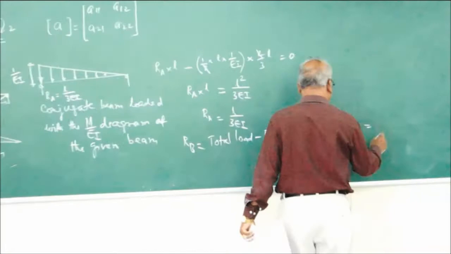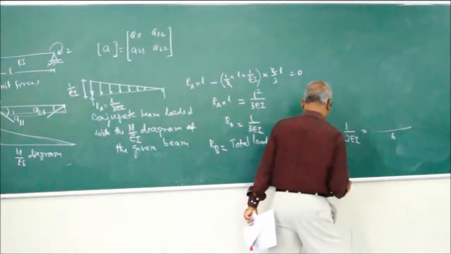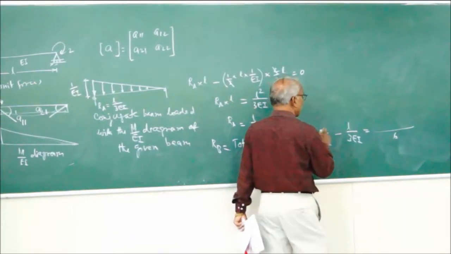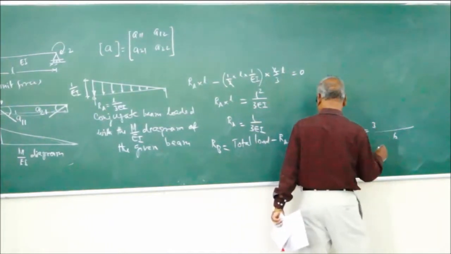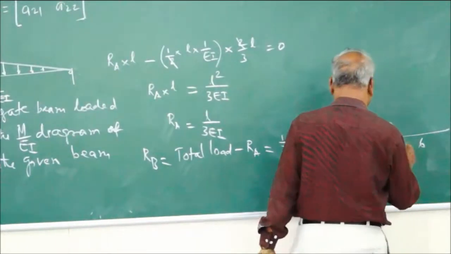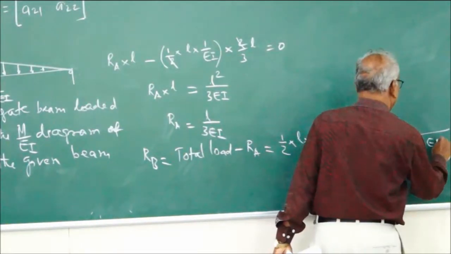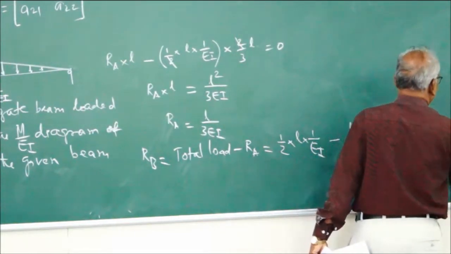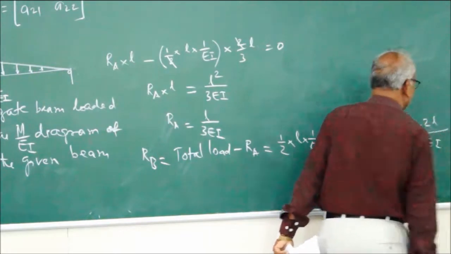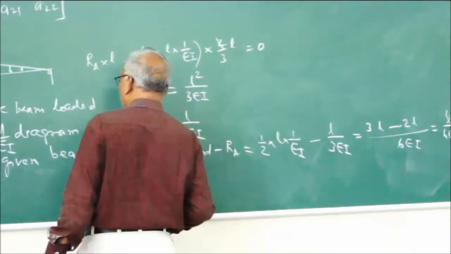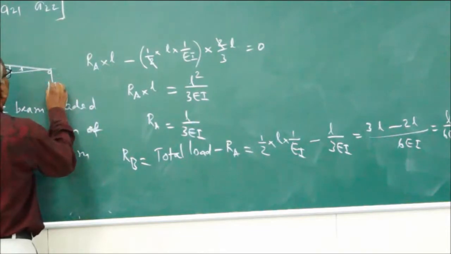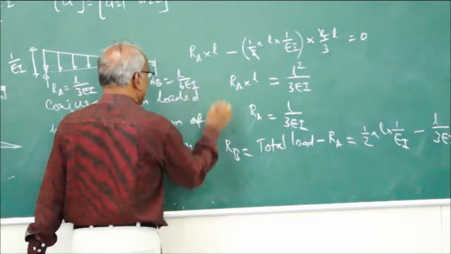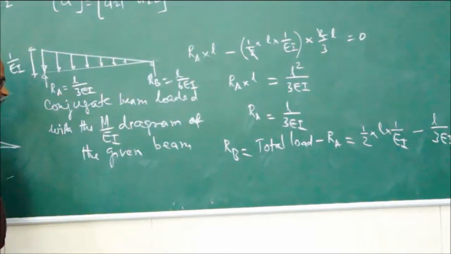The total load is L by 2EA. Therefore 3L minus 2L. So RB equals the result.